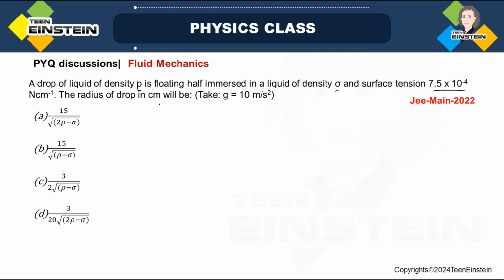The radius of the drop in centimeter will be, where you have been given an instruction that you should use g as 10 meter per second square.